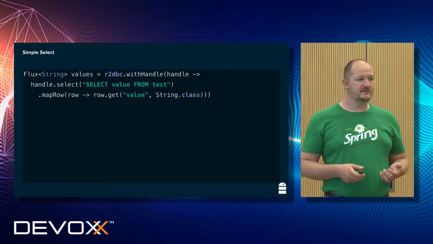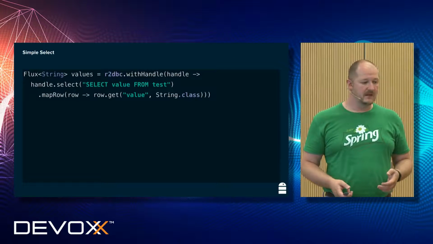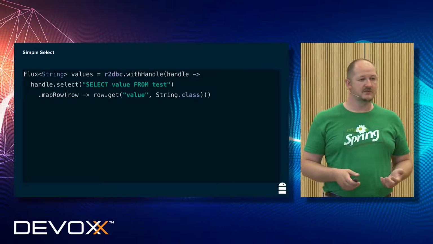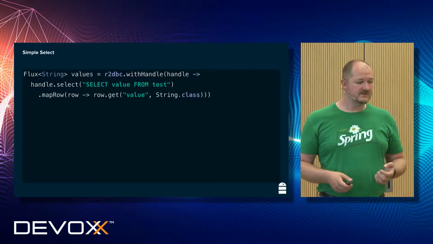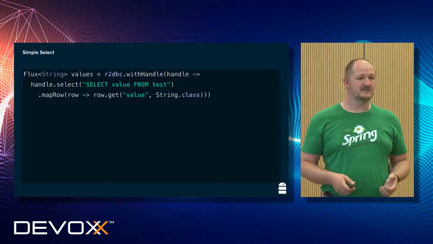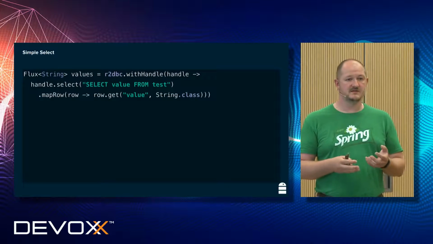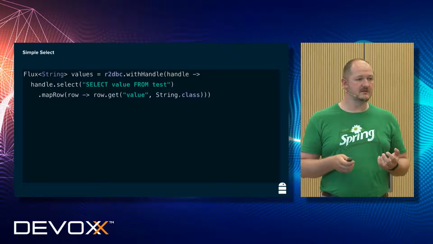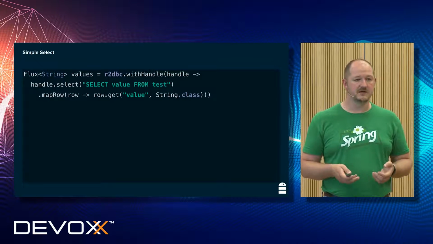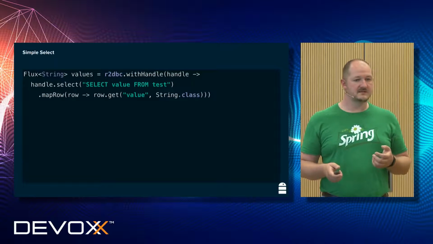We create that R2DBC object by handing in a connection factory. And then we have this R2DBC object that we can use to run our queries. What we see first is the withHandle method. This withHandle method accepts a function. The function gets a handle as a parameter, which is associated with a connection. And on this handle, we can then issue multiple operations, like this select, and map the results that come back.